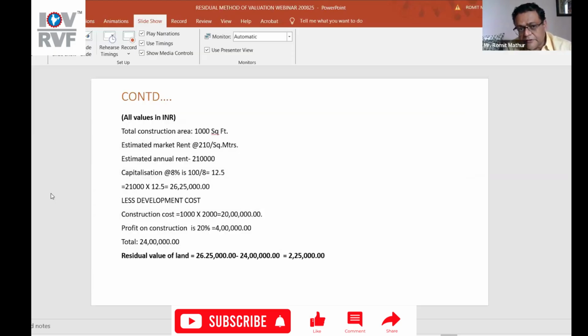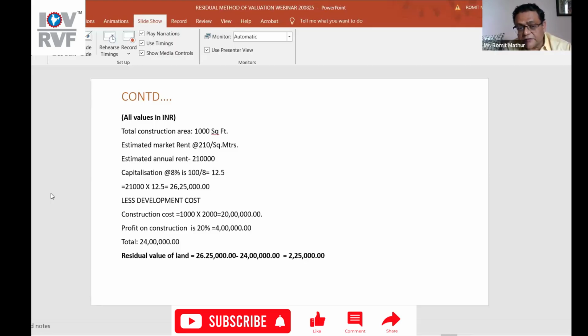Very simple. You do total construction cost on 1,000 square meter. Then you do the estimated market rate. Rent is 210. Now, what is the annual rent? 210 into 1,000 is 2,10,000. Then 21 lakh, sorry. Then the capitalization is 8% per annum. So 100 by 8 is 12.5. So 21 lakh into 12.5 is 26 lakh 25,000. Less the development cost.